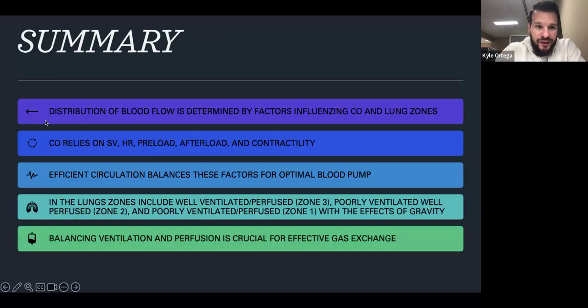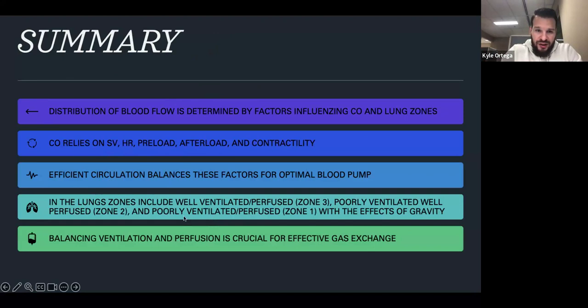So to sum up pulmonary blood flow. Distribution of blood flow is determined by factors influencing cardiac output and lung zones. The cardiac output relies on stroke volume, heart rate, preload, afterload, and contractility. Efficient circulation balances these factors for optimal blood pumping. And then back to those lung zones.